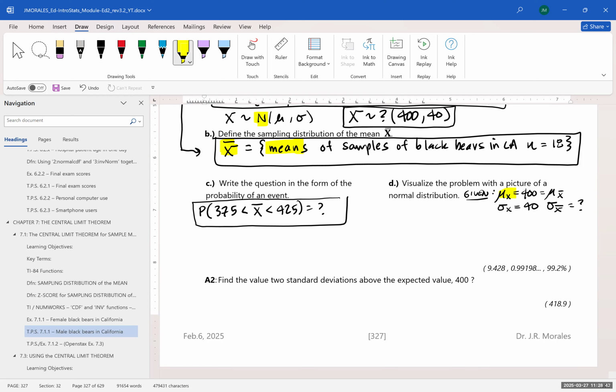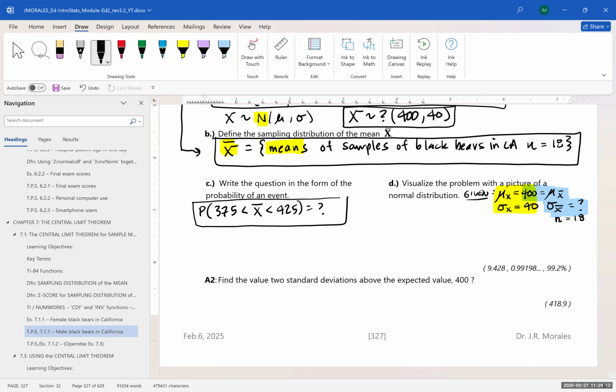So, these two variables go together, as well as these two variables go together. We know what the value of this one is, but we don't know what the value of the standard deviation is. That's what we've got to figure out. And the size of each sample at each sampling site is 18.